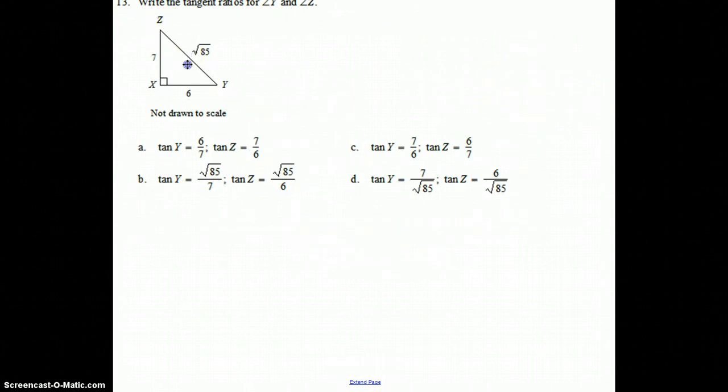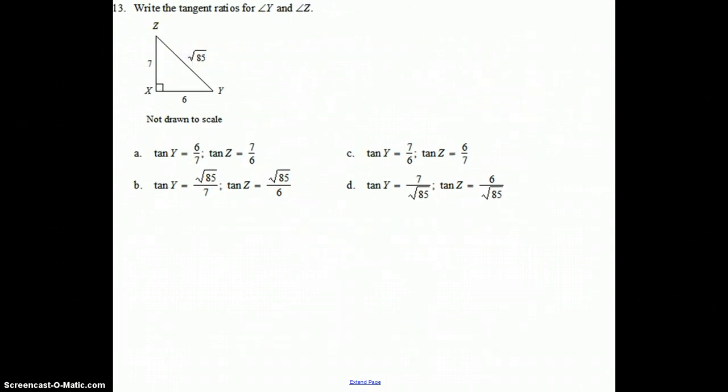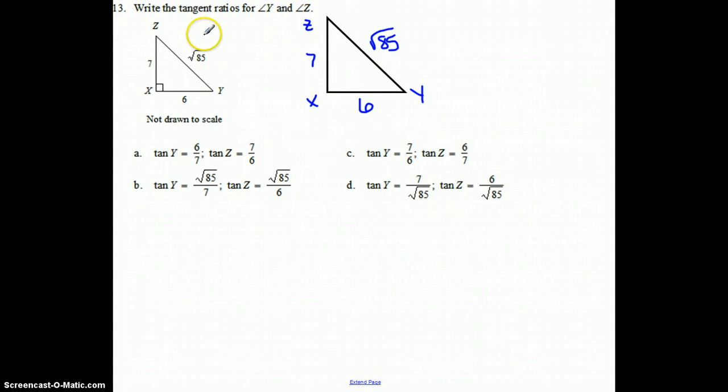Okay, on this one, let me move this down a little bit more so you can see it. They would like us to go through and find the tangent for both y and z. Now, because they're two different angles, I'm going to go through and redraw this triangle, so I can have one of these that's going to be a focus for y. So if this is a focus of y, opposite, adjacent, hypotenuse.